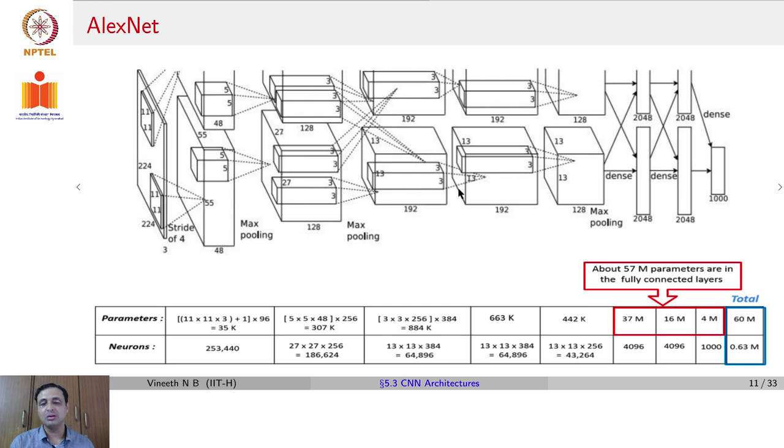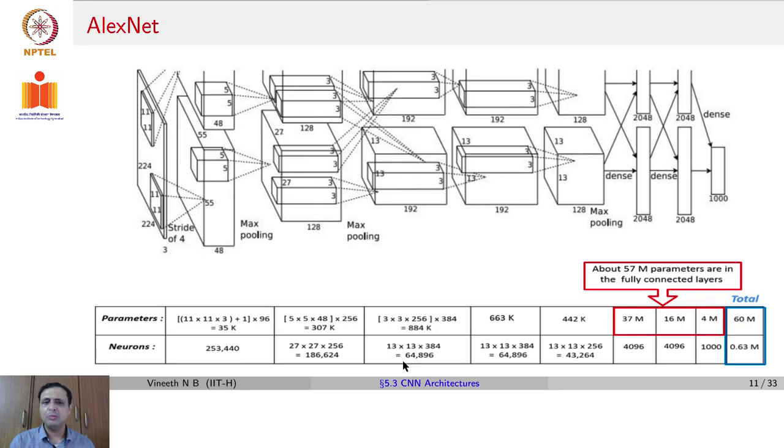Similarly, you can compute the numbers for the other layers. For the second layer, the parameters turn out to be about 300k, and the neurons about 186,000 and odd. For the third layer, the parameters are 884k, and the number of neurons is 64,000. So you can see that the number of neurons is reducing because the size is reducing after applying pooling.